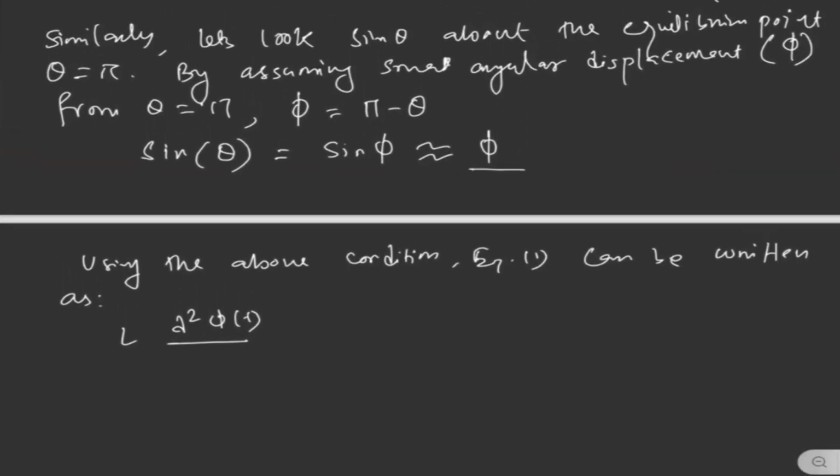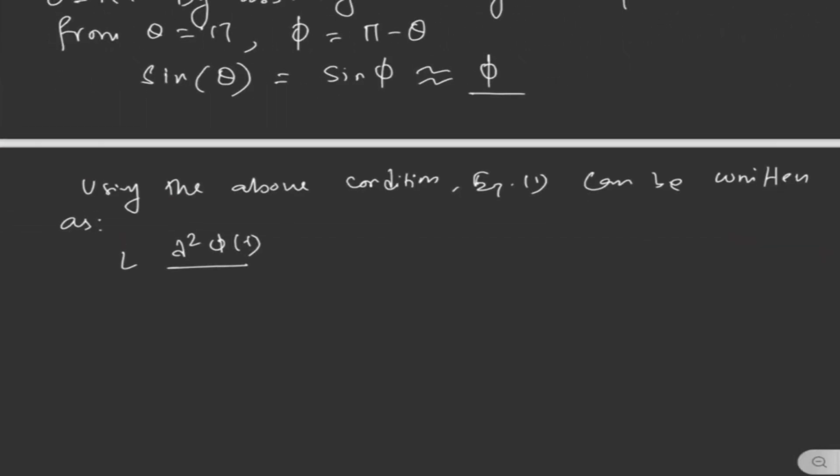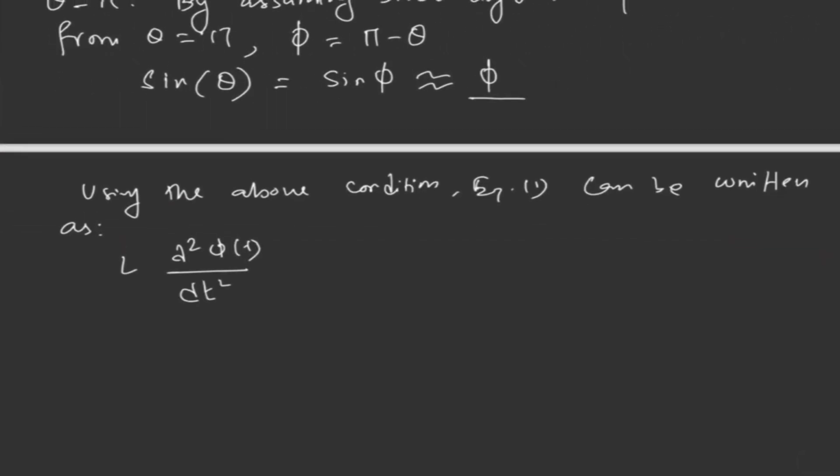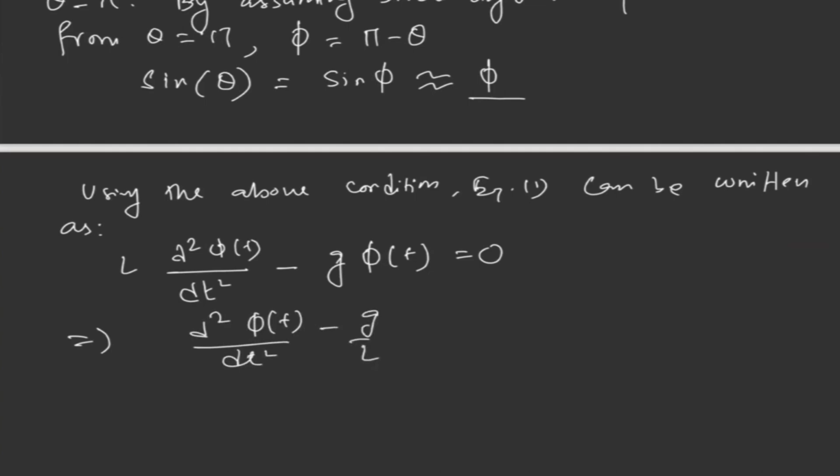Now here pi is constant, so we can write this expression dt square minus g phi of t equal to 0. And from this further we can write d square phi of t by dt square minus g by L phi of t equal to 0.